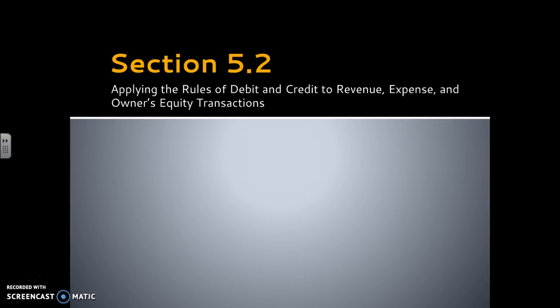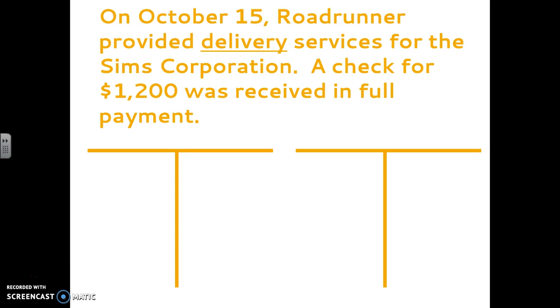Moving on to section 5.2, applying the rules of debit and credit to revenue, expense, and owner's equity transactions. All right, let's take a look at a couple of T-account transactions. On October 15th, Roadrunner provided delivery services for the Sims Corporation.